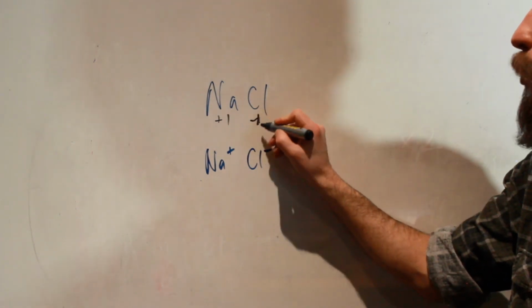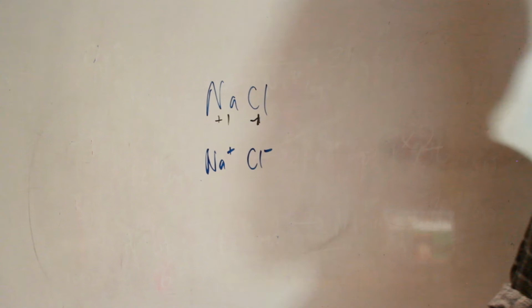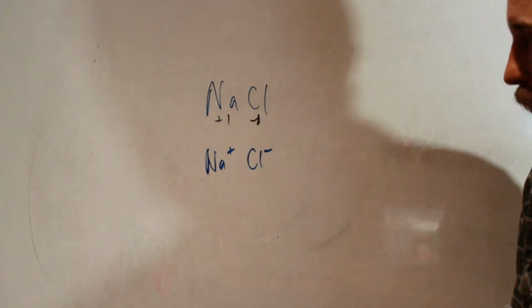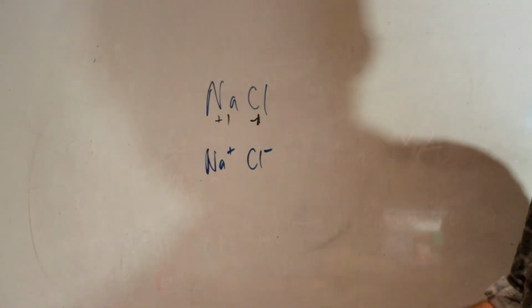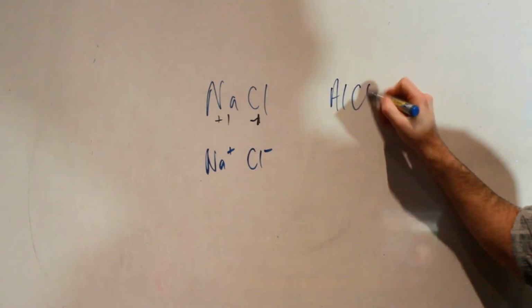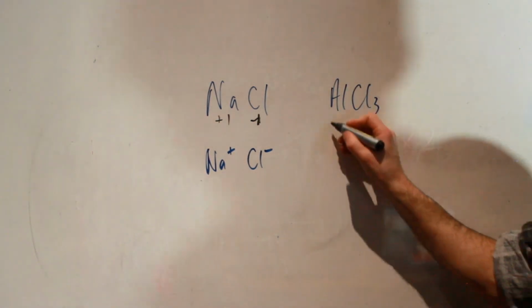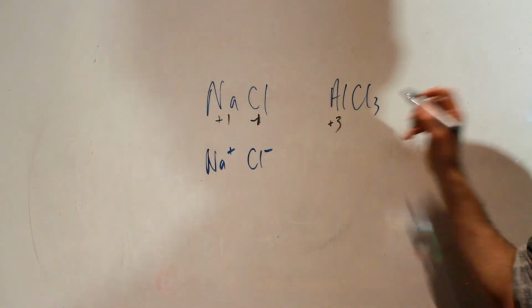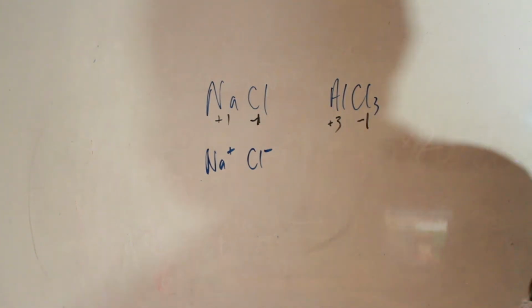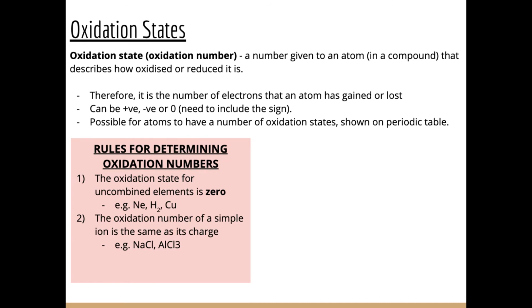It's just the simple ion that it exists in. If I've got AlCl3, I'll use my blue pen, AlCl3, same thing. Aluminium is going to be +3 because that's the ion it makes. Chloride is going to be -1. The oxidation number of a simple ion is the same as its charge.